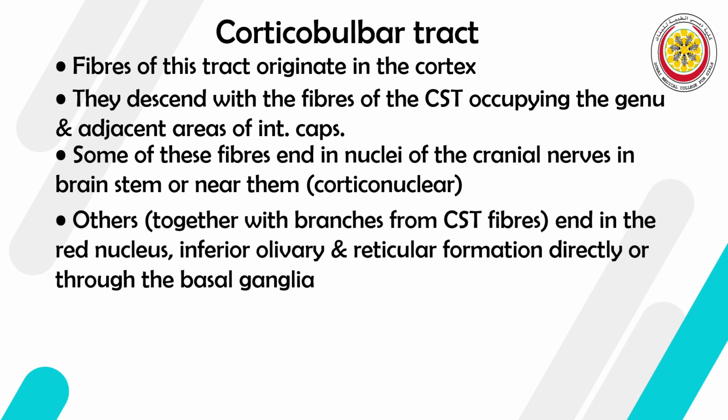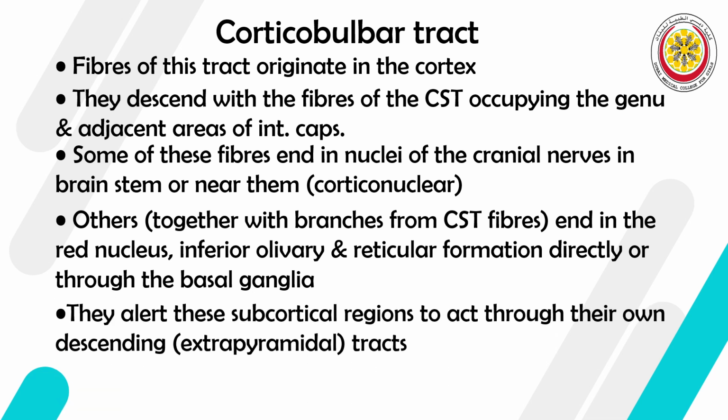Some of these fibers end in the nucleus, and these are called corticonuclear. Others, together with branches of the corticospinal tract, end in the red nucleus, or inferior olivary, reticular formation, directly or through basal nuclei.